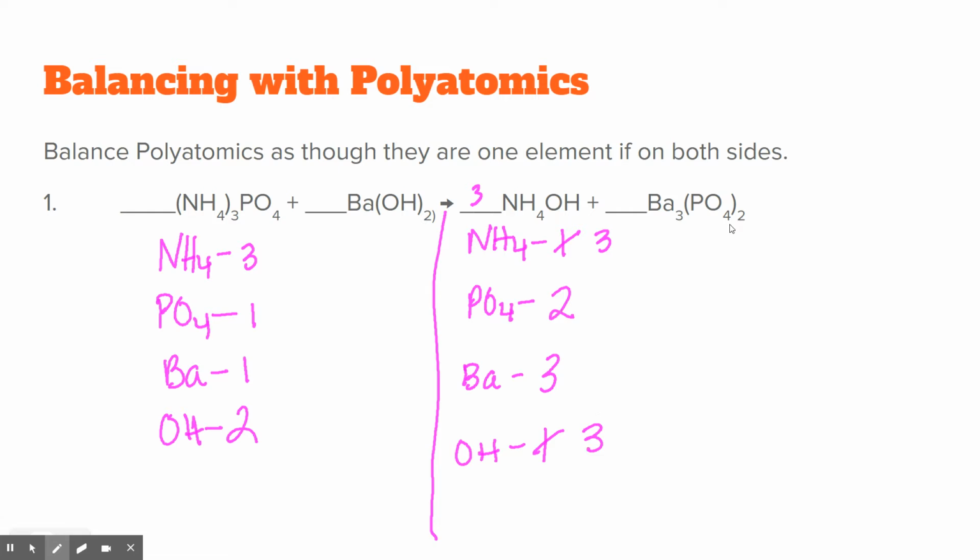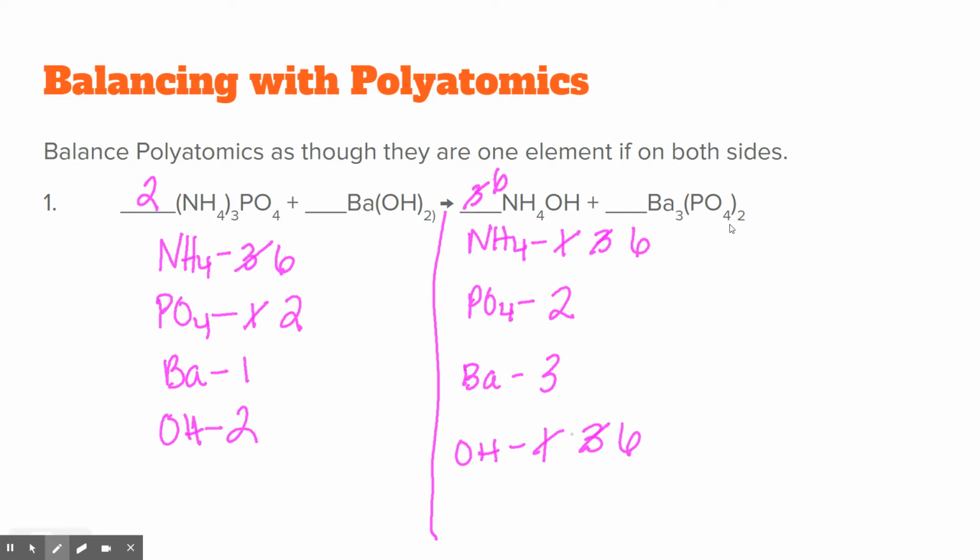Next, I have my PO4. I need to make that a 2, so I write a 2 as the coefficient. That changes this to a 2, but it also changes this to a 6. So I need to change this to a 6, which changes this to a 6, and the OH to a 6.